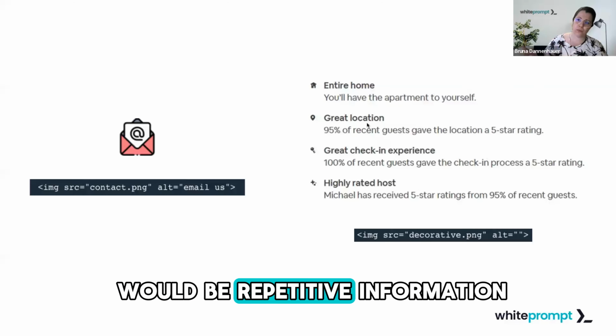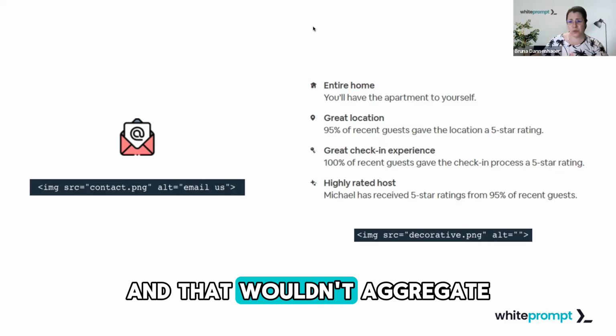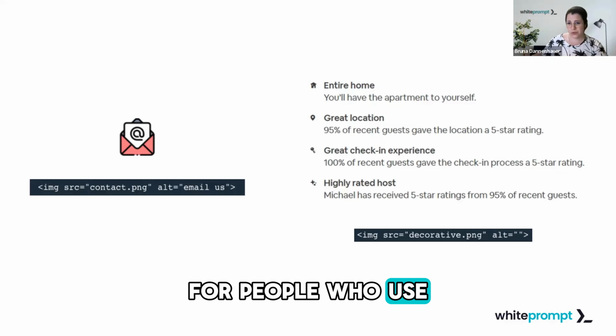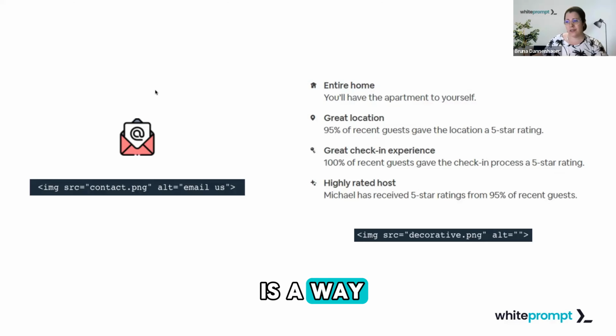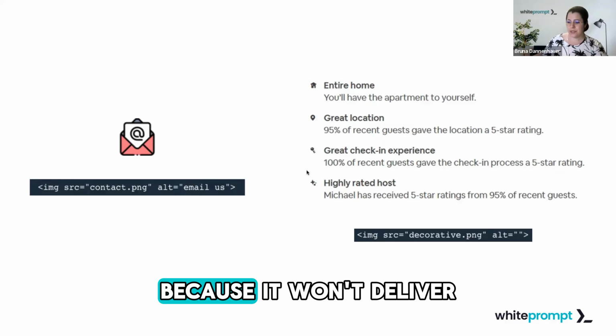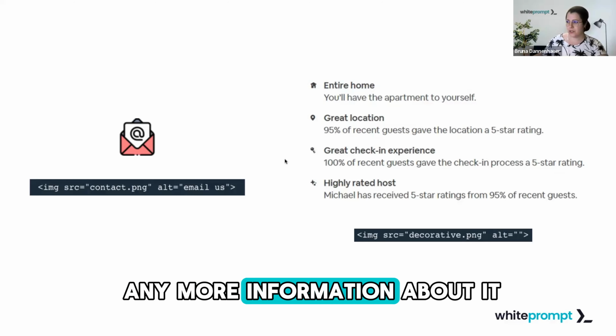So it would be repetitive information, and that wouldn't add anything for people who use screen readers. So the left example is a good example of when to use alternative text, and the right example is when you should hide it, because it won't deliver any more information.